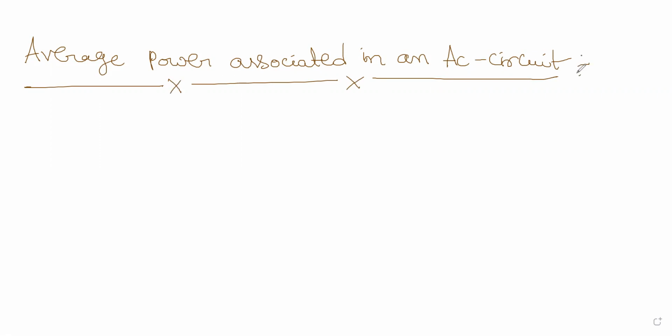So how do we do that? We know power is equal to dW by dt. And power is also E into I, where E is the instantaneous voltage and I is the instantaneous current.